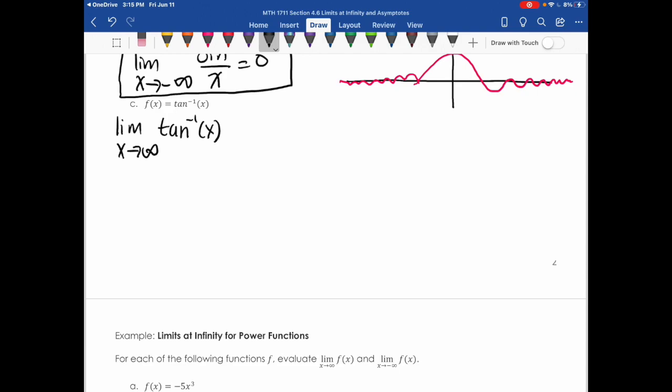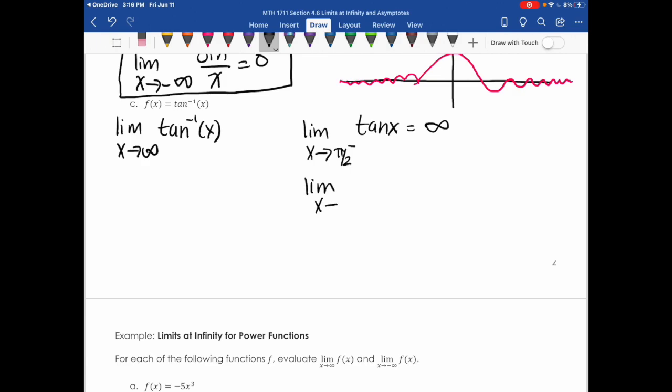Part C of this example, we're going to take the limit as x approaches infinity of the inverse tangent of x, and we're going to do the same thing for x approaching negative infinity. So we know from trig class that the limit as x approaches pi over 2 from the left of the tangent function, not the inverse of the actual tangent function, is going to be positive infinity.